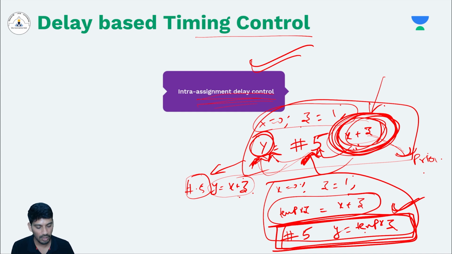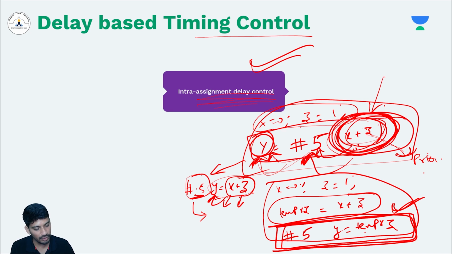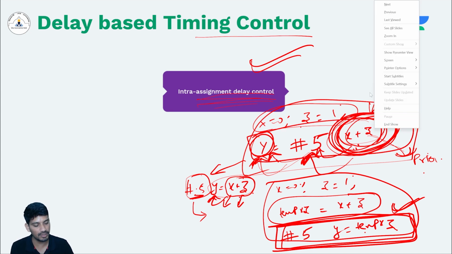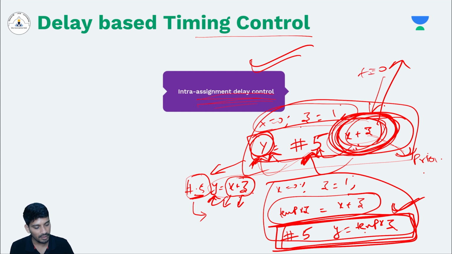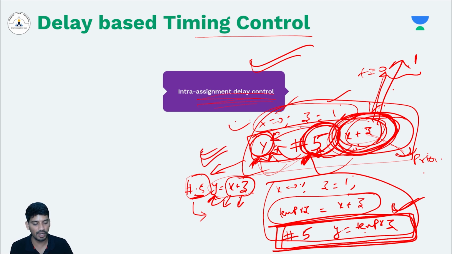So after 5 nanoseconds, whatever data is present at X and Z, the present data, it will sum and post inside Y. But in the intra-assignment statement, it will evaluate X plus Z at time t equals 0, then wait for 5 nanoseconds, and then assign the expression X plus Z that was evaluated at time t equals 0 to Y. So this is the basic difference you need to understand between intra-assignment delay and regular delay.